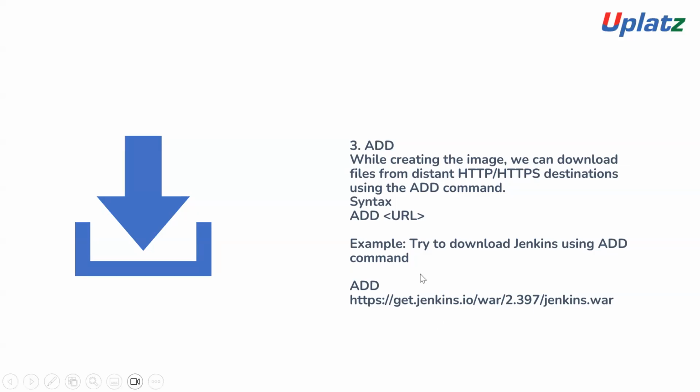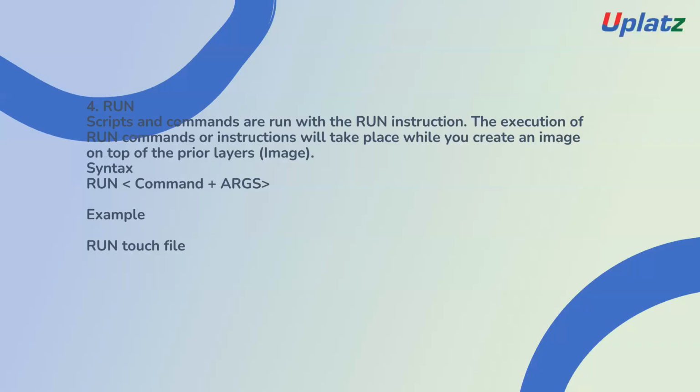What exactly is happening here? The daemon will go there and check this URL, and if the URL is valid, it will download the Jenkins war file for you and add it here. That's what the Docker daemon will do while creating this Docker image.